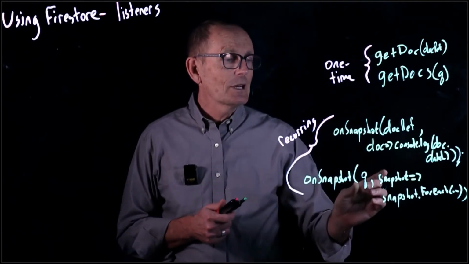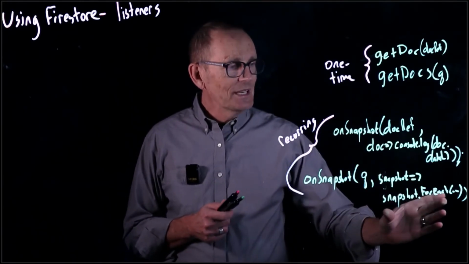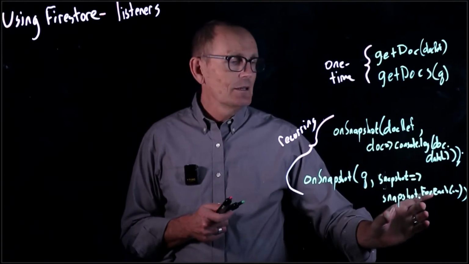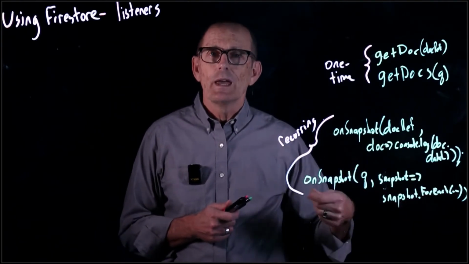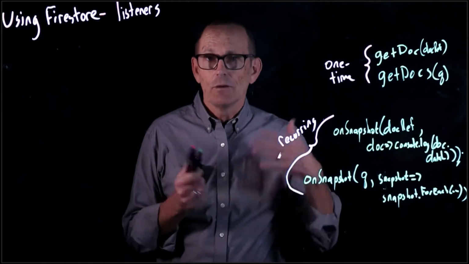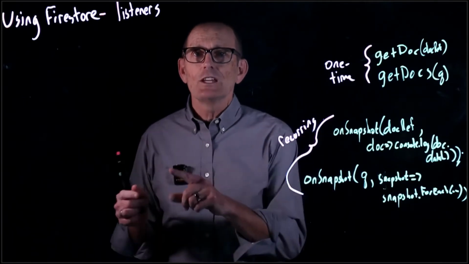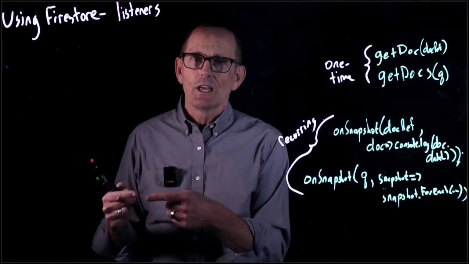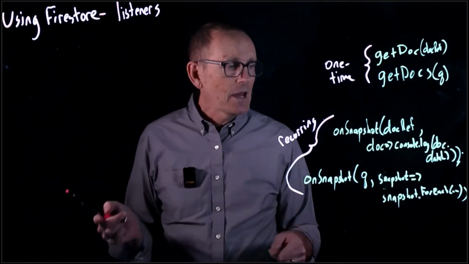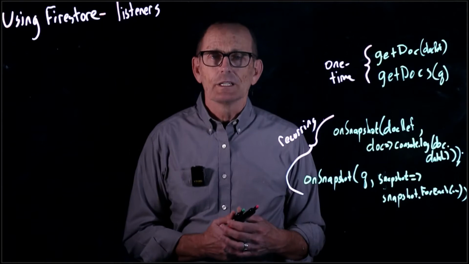You'll probably just listen to a collection, and then to begin with, you'll get that collection of documents, and then you will go ahead and iterate through and save them and do something with them. And then if a change happens, if you make a change, you'll call the Firestore setDoc or updateDoc, and that'll cause that callback to be called again.